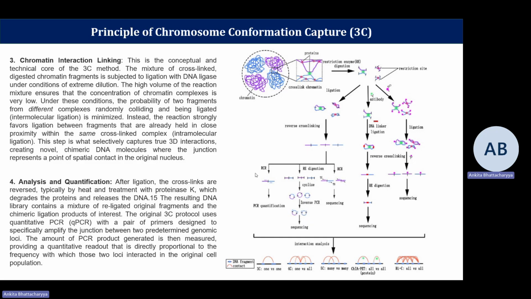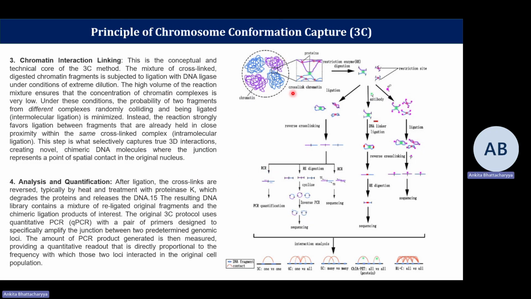Instead, because you have diluted conditions and reduced accessibility, fragments which are very close to each other will preferentially get ligated with each other. This captures true three-dimensional interactions, creating novel chimeric DNA molecules where the junction represents a point of spatial contact in the original nucleus.